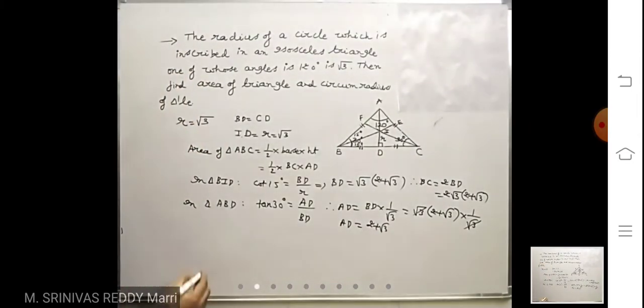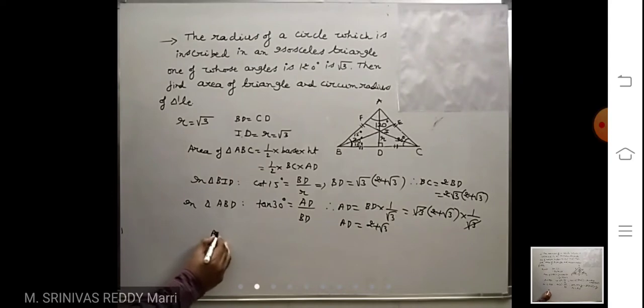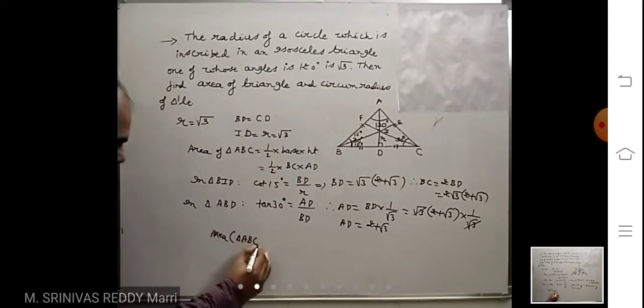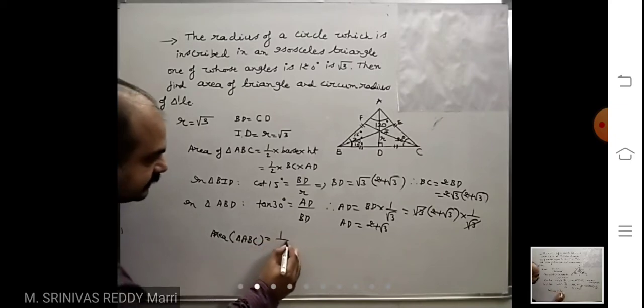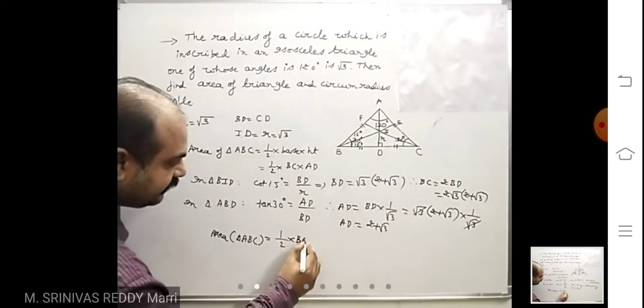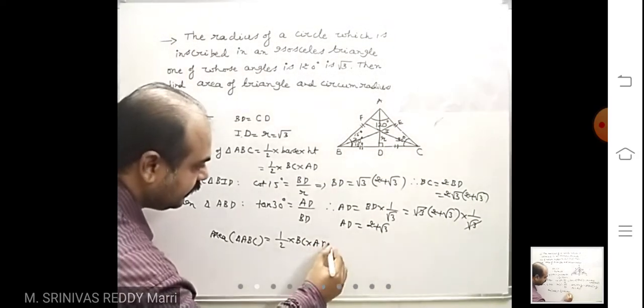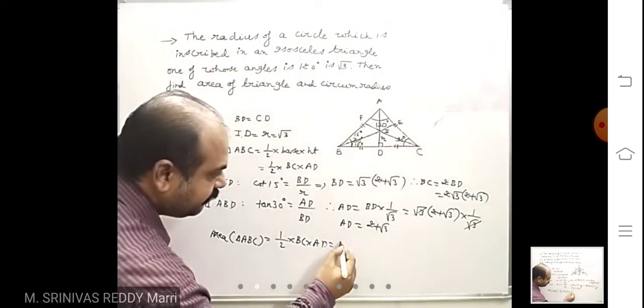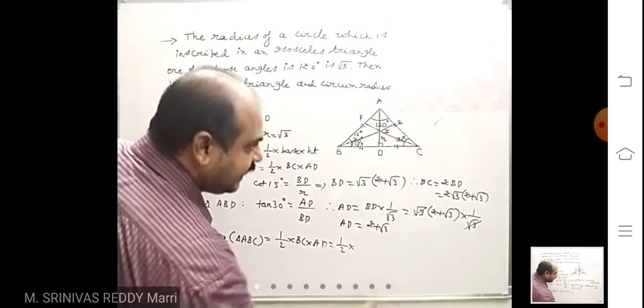Now area of triangle. Area of triangle ABC is nothing but half into BC into AD. So now BC, you know, what is that value?